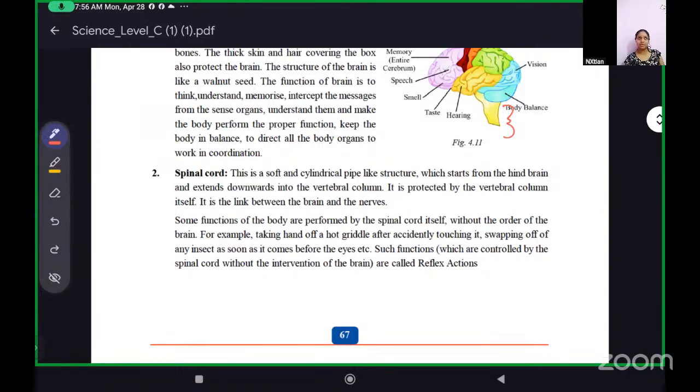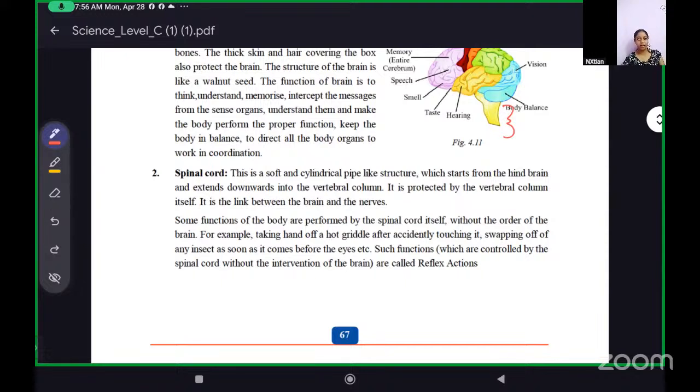Now what happens is that usually when we are touching something, some hot thing, some cold thing, when we are feeling anything, the body sends a message to the brain, and then the brain interprets it, and then we get to know what it is about the thing that we are touching or feeling.